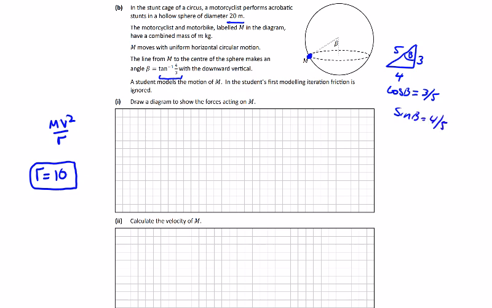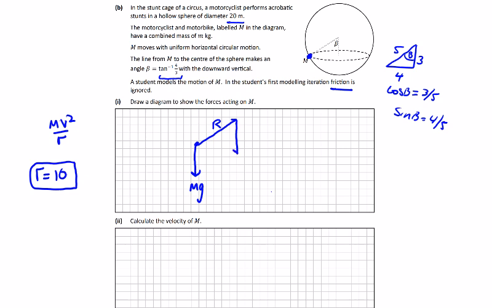Set this up straight away. Friction being ignored, we're looking for the forces acting on M. Okay, so here's M. We have mg coming down. We have the reaction R towards the center.